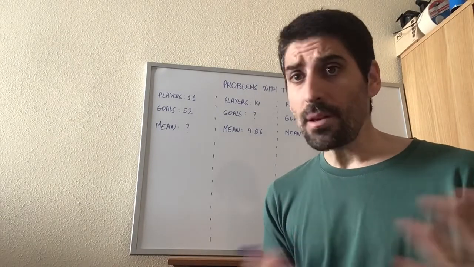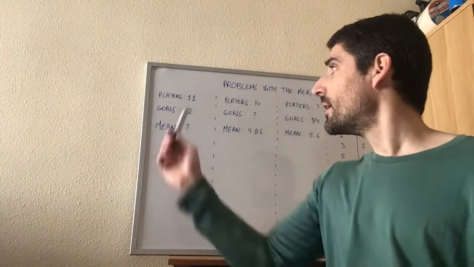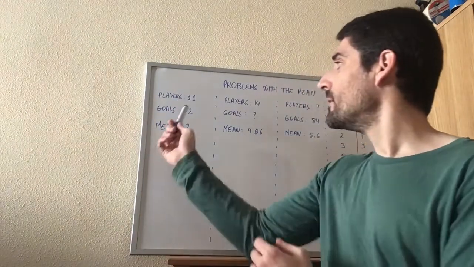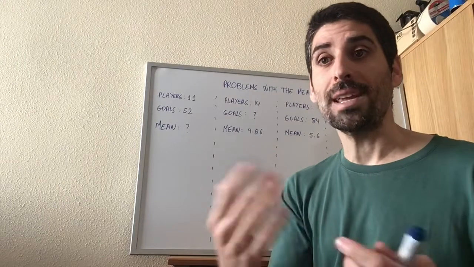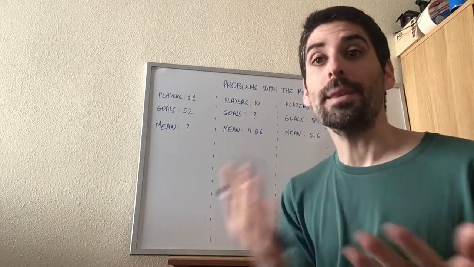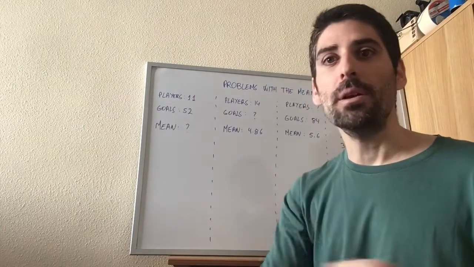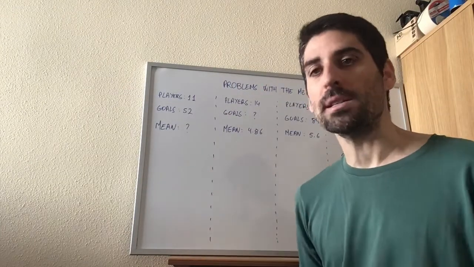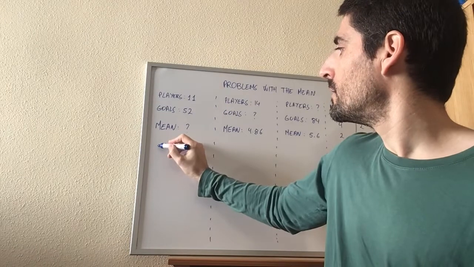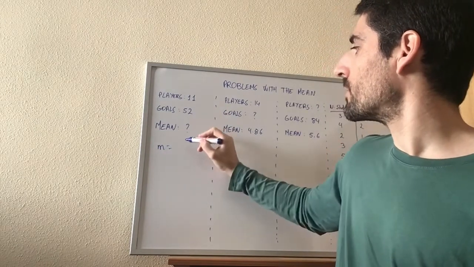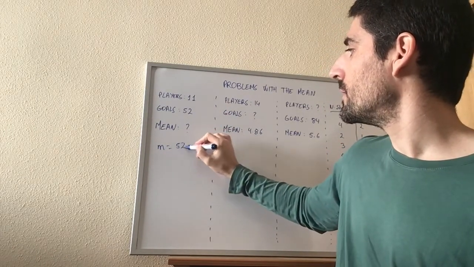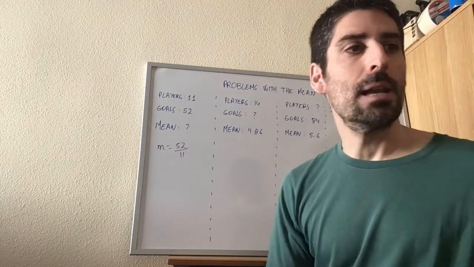So very basically, let's start with, I've got 11 players in a football team. They scored 52 goals in total. What was the mean number of goals scored per player? As you know, even my 4-year-old boy could do this. So the mean is going to be the total number of goals, 52, divided by the 11 players that I've got.